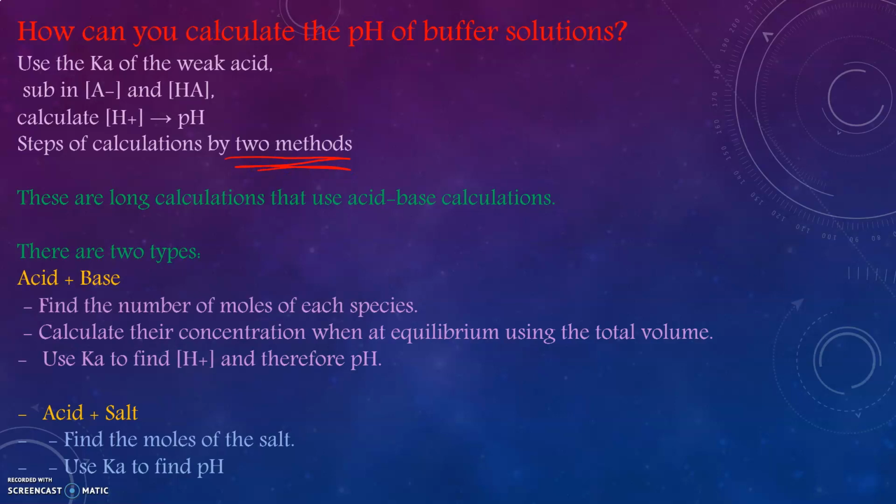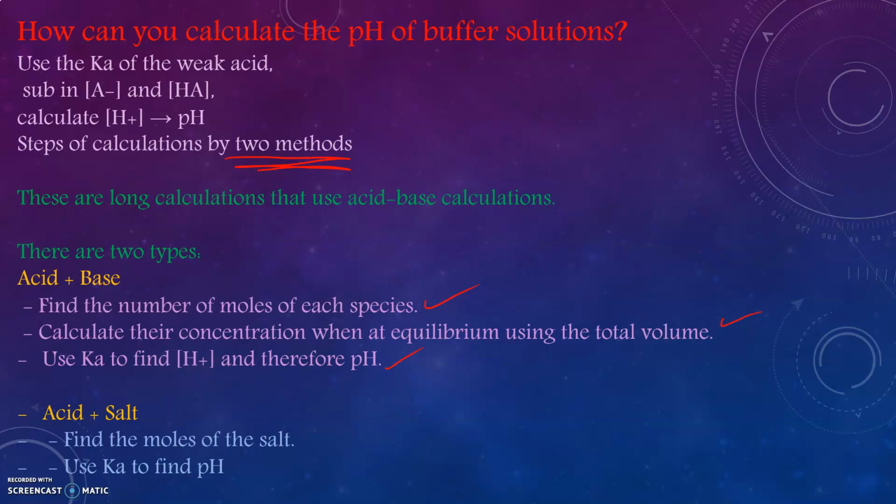These are long calculations that use acid-base calculations, right? There are two types. If the question is about the reaction between acid and base, you have to follow these three steps to determine the pH.